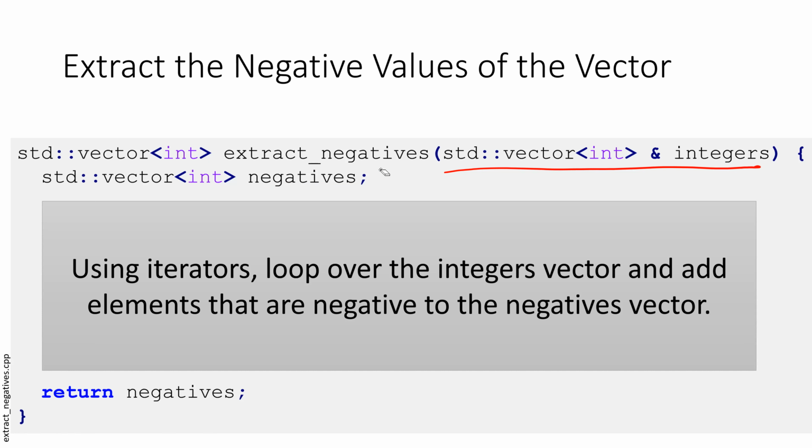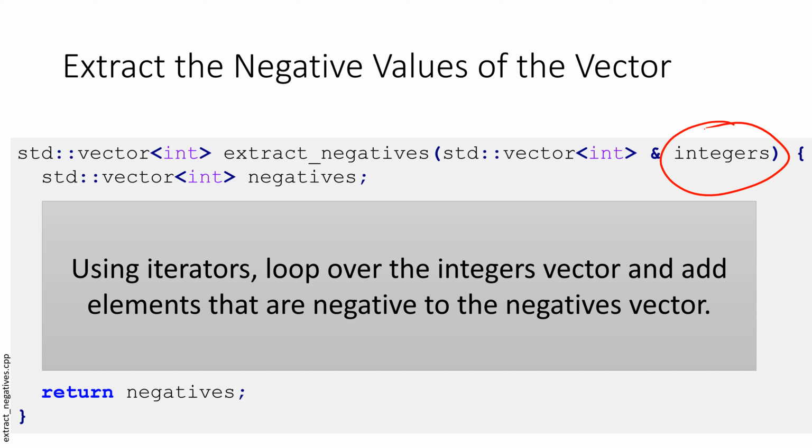And I want you to use iterators to go through this integers vector, the one that's passed in, and add all the elements that are negative into the negatives vector. So this isn't going to be very much code. You are going to use the push_back function that you used last week. Good way to create elements.